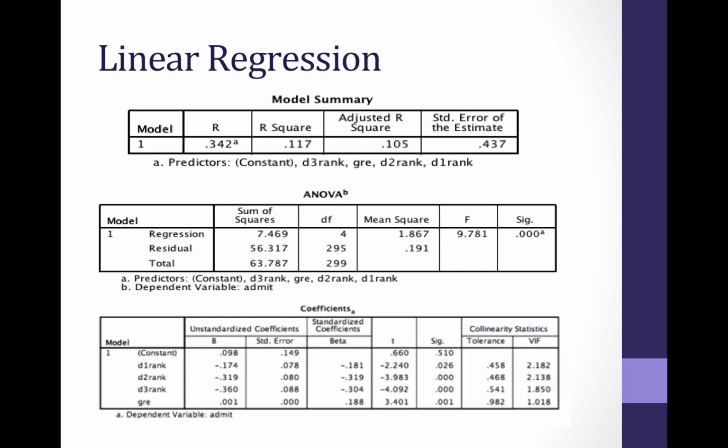As for the B values, you can see here, it's how much increase we can expect in Y for every incremental increase in X. We want our B's to be as close to 1 as possible, but all the B values for the dummy-coded rank variables are negative, which leads me to think that there is probably multicollinearity between the dummy-coded rank variables and the admission variable. As for the B value for GRE, it's not negative.